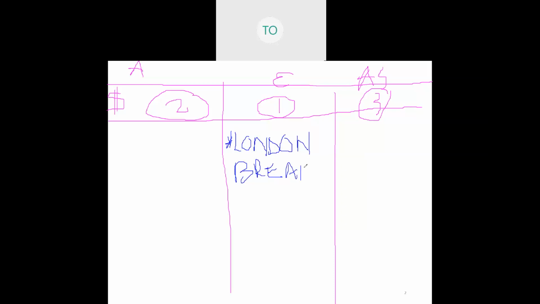Of all the markets, the London breakout is a bit strange. Why? Because it comes right after the Asian session, after the US has closed.